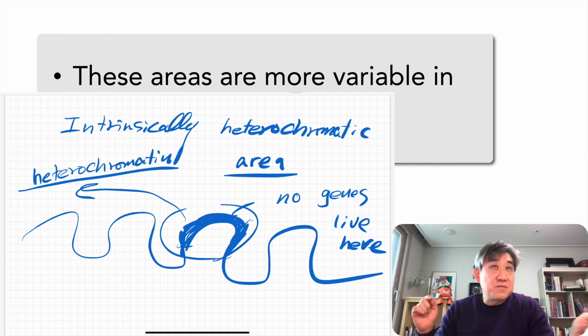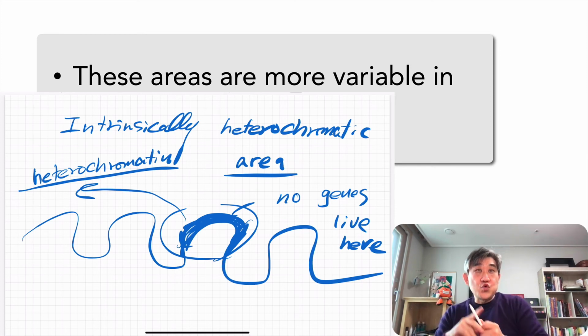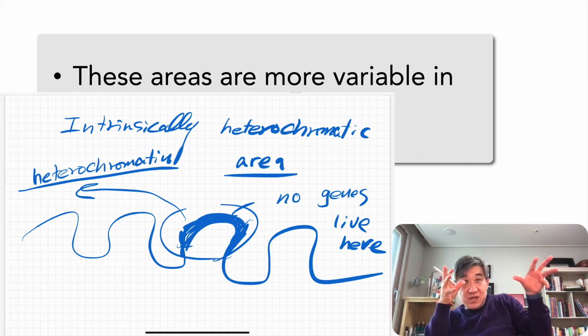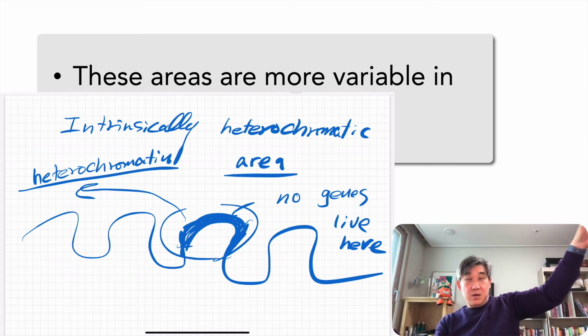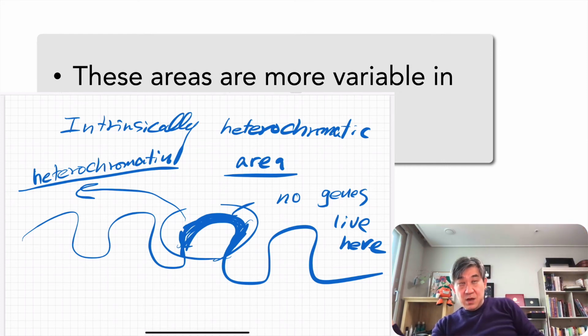And surprise, surprise. If you examine the DNA sequence of this intrinsically heterochromatin region, where there are virtually no genes present, it turns out that the sequence variation of that area among different individuals is much, much, much higher than the area occupied by many meaningful genes.